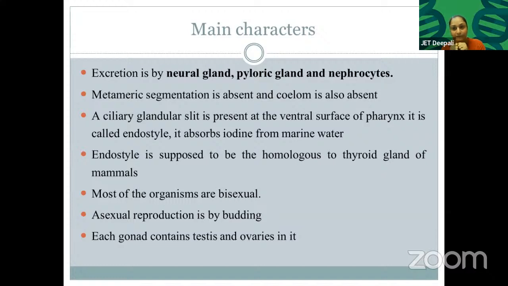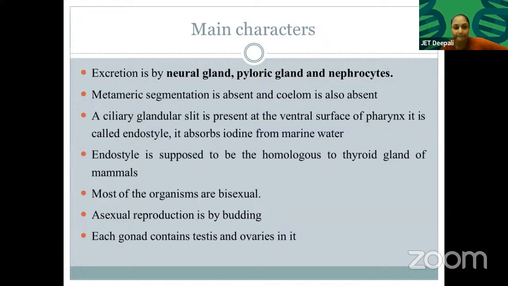It is absorbing iodine, so it is acting like the thyroid gland of higher chordates. What do thyroid glands do? The absorption of iodine takes place in the thyroid gland. That's why it is advised to always eat iodized salt. Otherwise, if you are not eating it, you will develop a disease called goiter, where your thyroid gland swells and gives a swelling appearance.